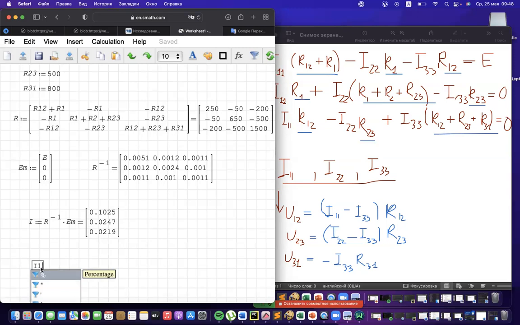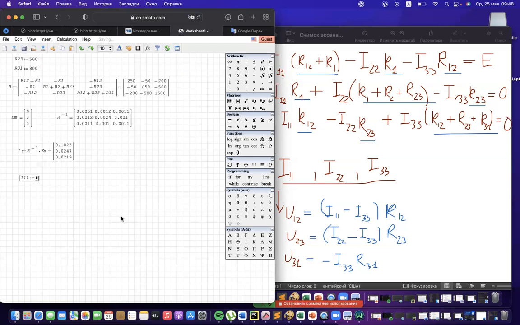Current I11 will be our matrix, first element.